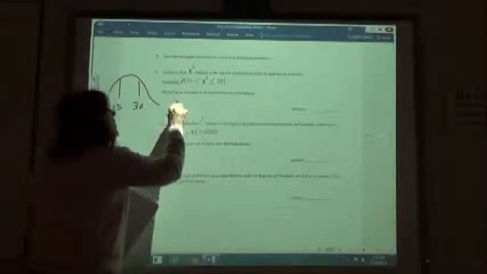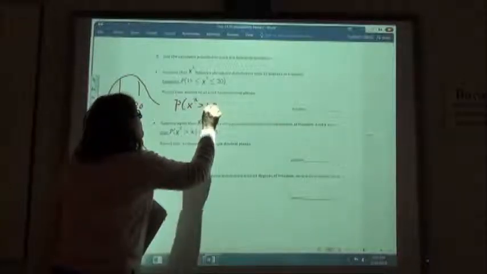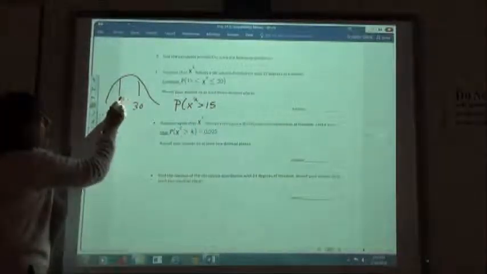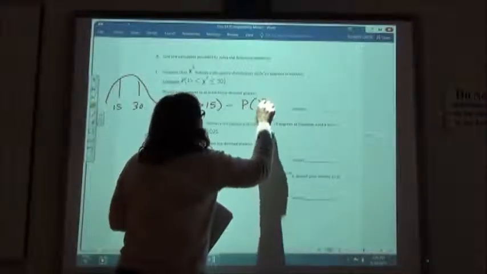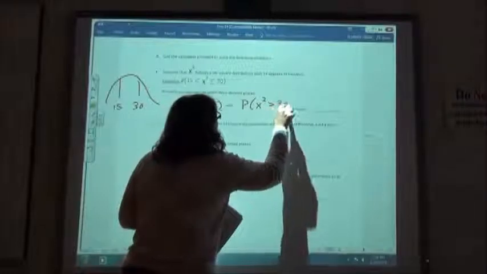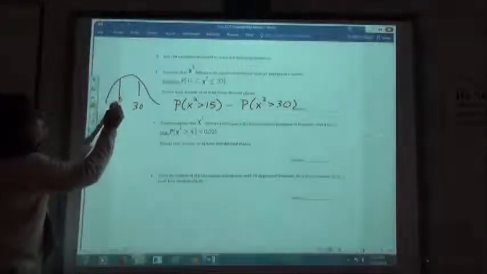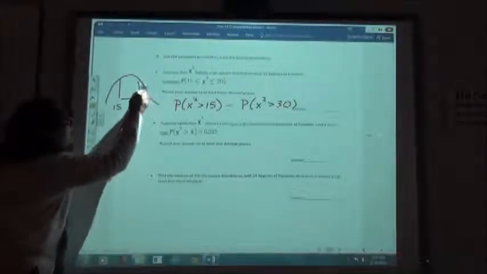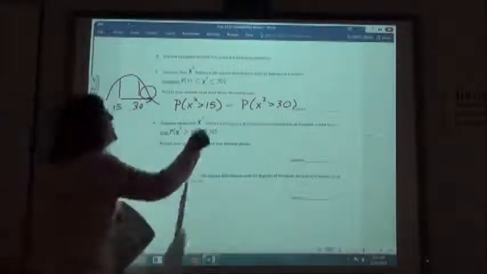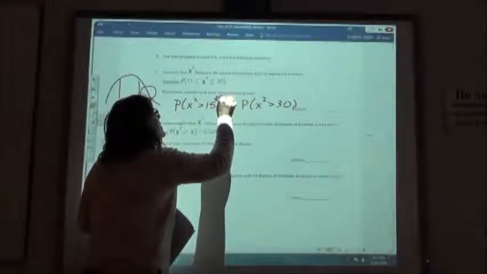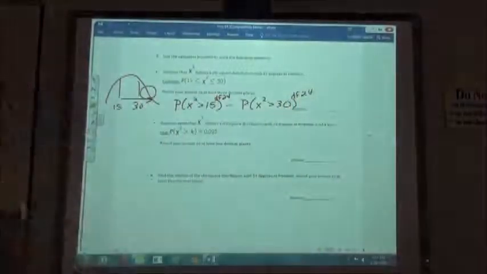So I'm going to find the P of chi squared is greater than 15, which would be over here. And then I'm going to subtract the P of chi squared is greater than 30. Whoops, I should put my degrees of freedom in there. Because what I'm doing is I'm going to find this area here, but then I'm going to subtract the end part off. And of course I have to have my degree of freedom, which I always forget to write down, of 24. It tells me right there.